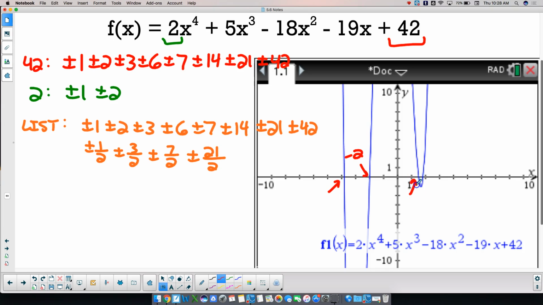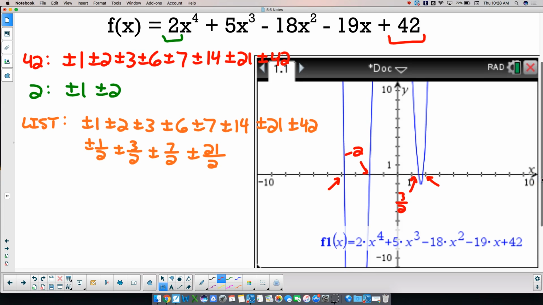This one in here looks to be at the halfway point, right? Between 1 and 2. Well, what's the fraction that's halfway between 1 and 2? Number sense. 3/2. And then there's that one, and that one doesn't look nice because it's not at a halfway point. So if it were me, shortcutting it using a graphing utility, I would pick -2 first as my first 0 to try.